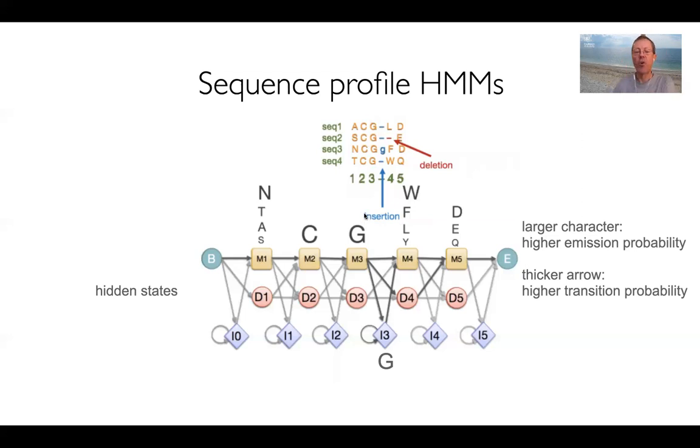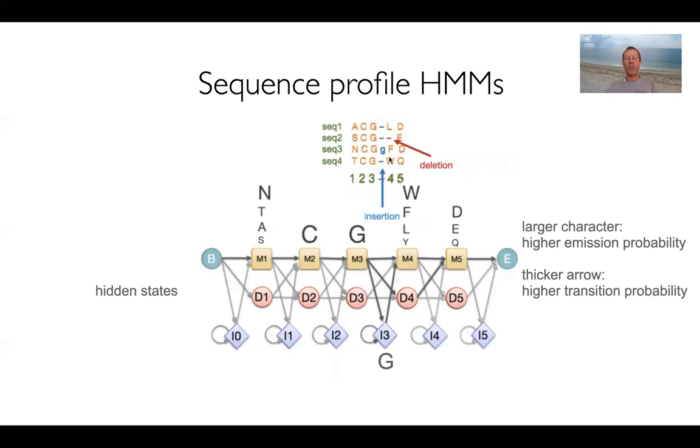Of course, it's much more complicated to estimate the transition probabilities and the emission probabilities here, especially the transition probabilities, the optimal ones to represent a given sequence alignment, than it was in the Alice and Bob case, but there are algorithms that allow you to do this in a systematic fashion to arrive at a good choice, even if not the absolute best choice, but a good approximation or estimate of the transition probabilities that best represent a given multiple sequence alignment.